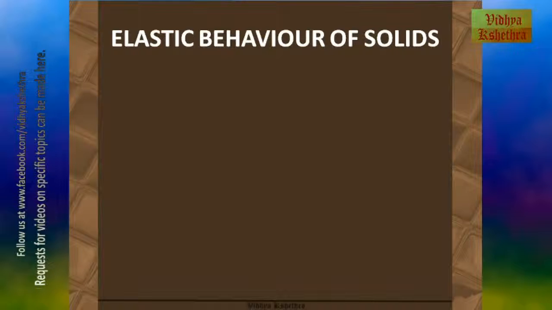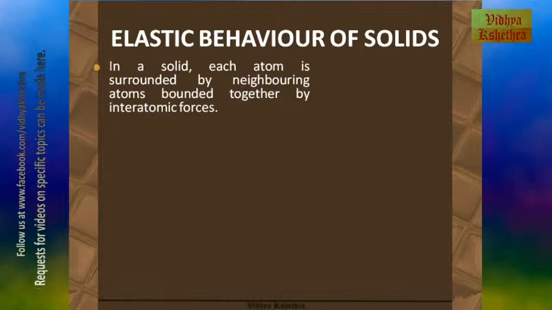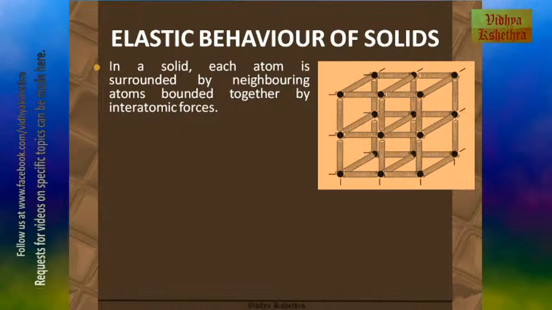Now, elastic behavior of solids. Here, what causes the elastic behavior of solids is explained. In a solid, each atom is surrounded by neighboring atoms bound together by interatomic forces. The figure shows the orientation of atoms in a solid.